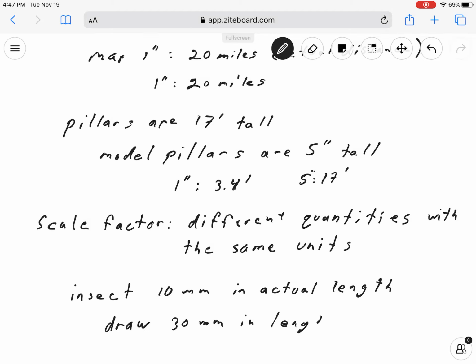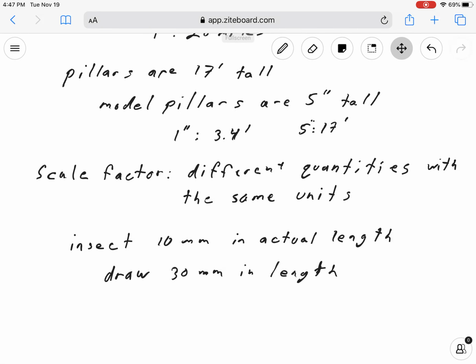So in this case, since the units are the same, I'm not going to have a scale per se. Instead I could say 10 to 30. They're both in millimeters, but this would equate then to 1 to 3, right? So I'm really just multiplying by 3.